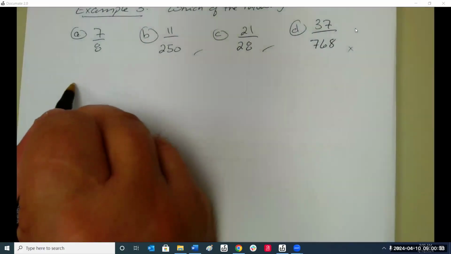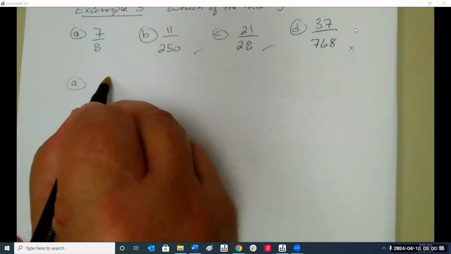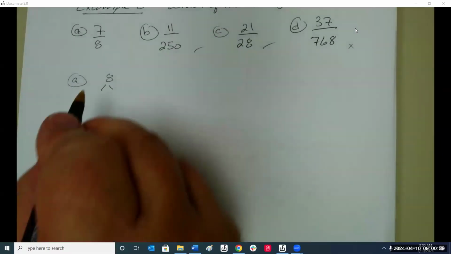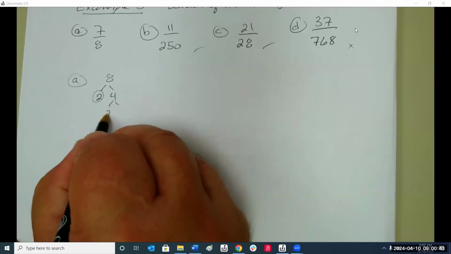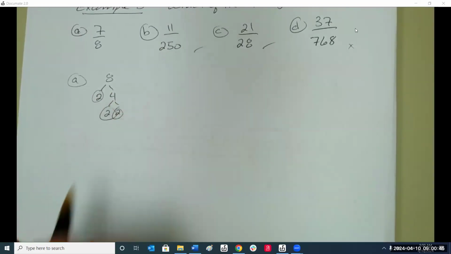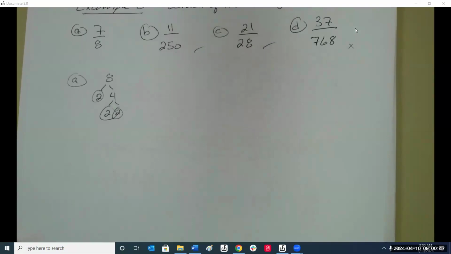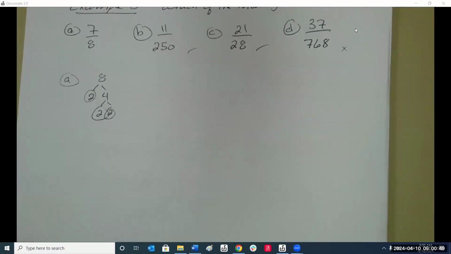Let's see. The number 8 is made up of what? 4 is made up of. So, is the prime factorization of the denominator containing no primes other than 2 and 5?